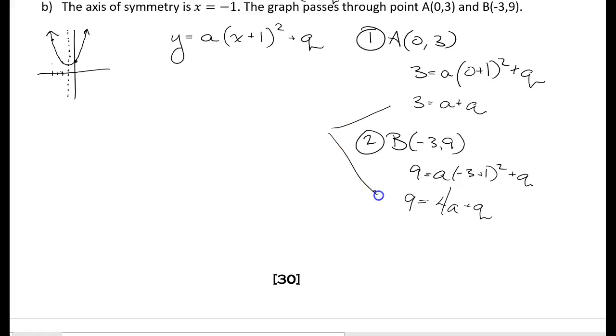We can then take these two equations and add or subtract or substitute, whatever your preference is. I like adding and subtracting personally. So I'm going to take 9 equals 4A plus q. I'm going to subtract 3 equals A plus q so that I can eliminate q. And I'm going to get 6 equals 3A, so A is 2.